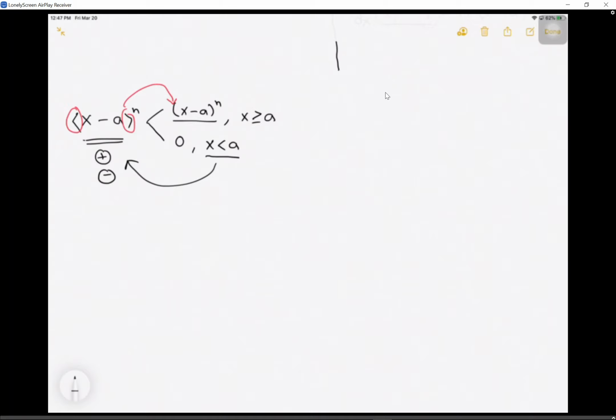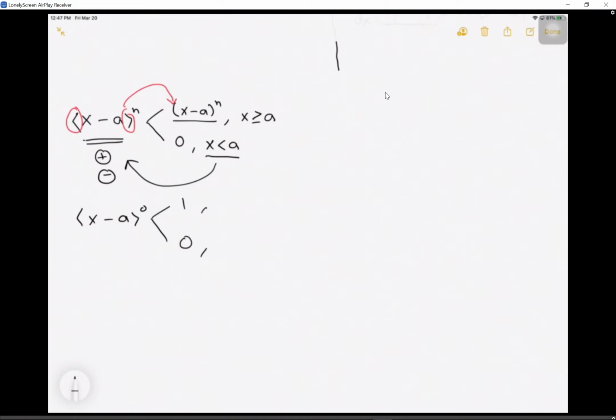Now that's for this specific singularity function. How about if we have (x - a) and then raised to 0? Now, as we know, for a regular number, anything raised to 0 is equal to 1. But in this case, it could assume two different values, which is 1 or 0.